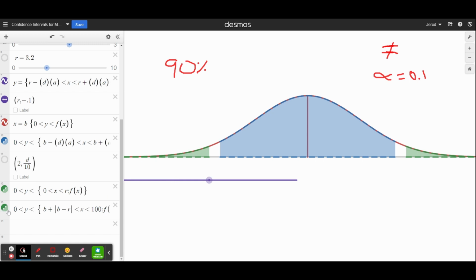Well, let's think for a second about what it would look like for a one-tailed test. If we were looking at a one-tailed test and we were capturing the true proportion over here, that means our area for our p-value would be more than just the 5% of this one tail.